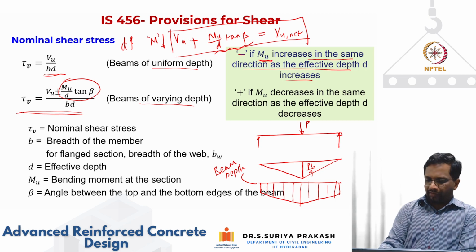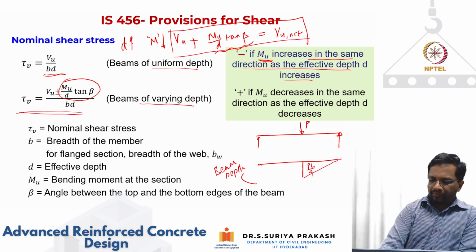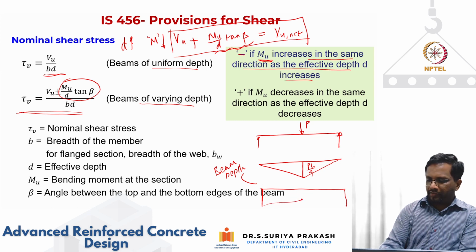So for example, for some reason, if my beam depth is not provided this way, I'm providing the opposite way. Basically, I'm having more depth here, for some reasons. And then I am providing a varying cross section like this. Then you can see here, now this is my beam depth.